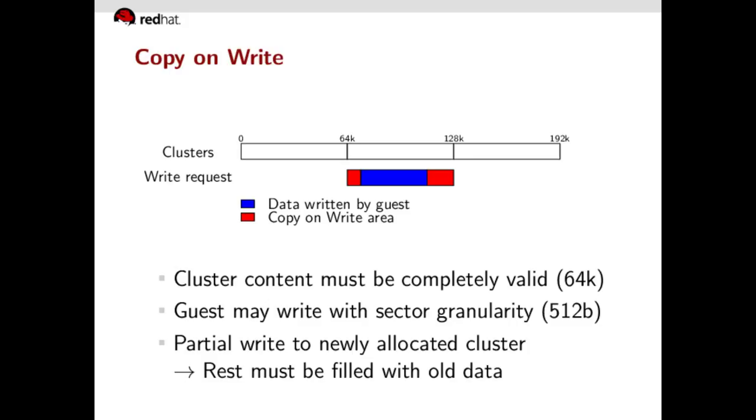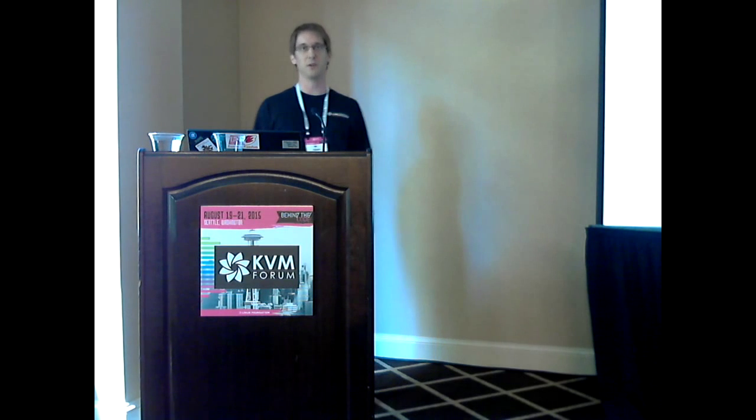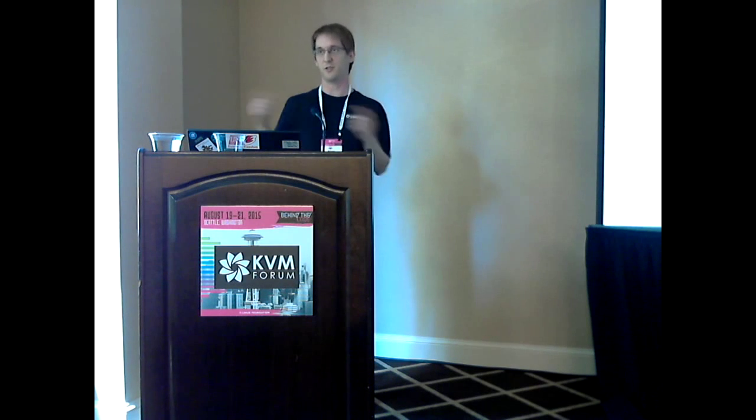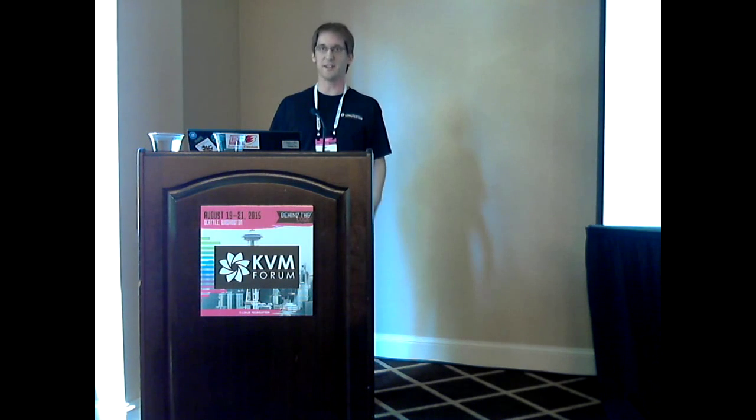So what happens when you do an allocation is you get a whole cluster. The cluster is usually 64 kilobytes. It's configurable, but that's the default. And the guest may write less than 64K. It might just write to some part of the cluster. But when you allocate a cluster, all of it needs to be valid. You can either map a whole cluster to a cluster in the image file, or you say it's not there.